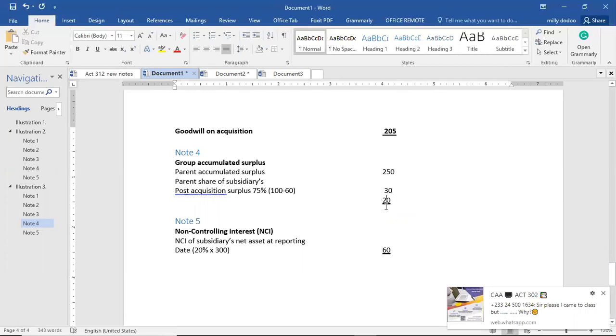So when you add the 2, you get 280. Or let me do it like this so that you understand the two: 75% multiplied by the 300 minus the 260.